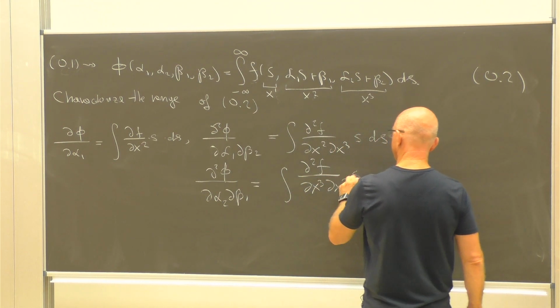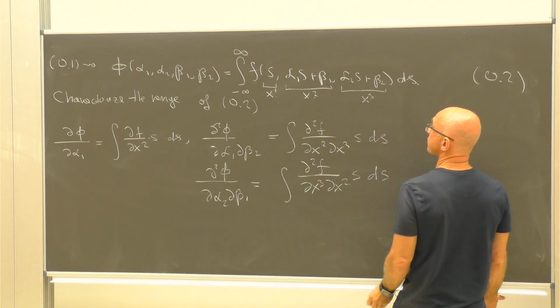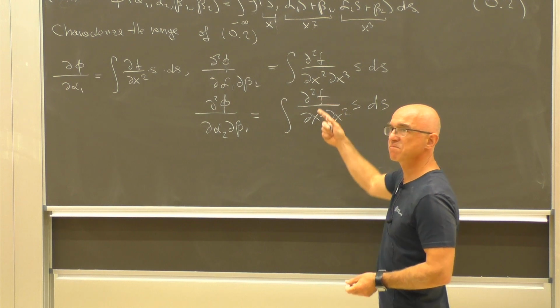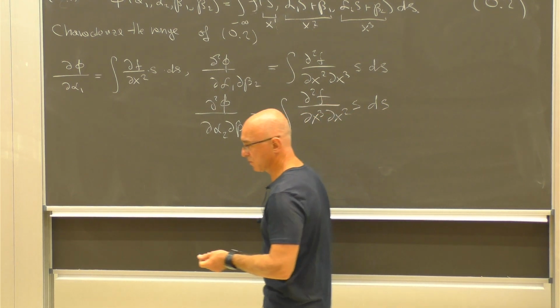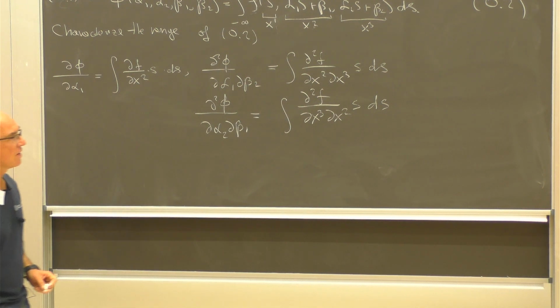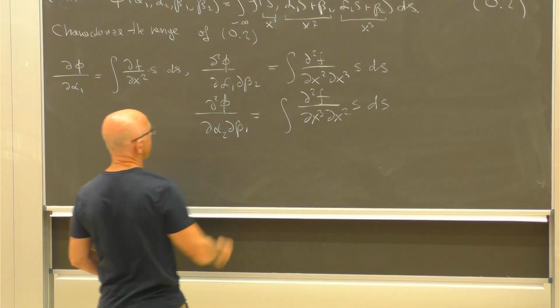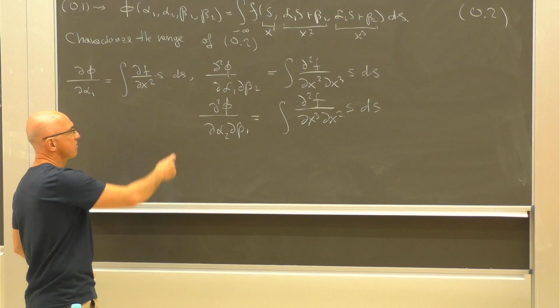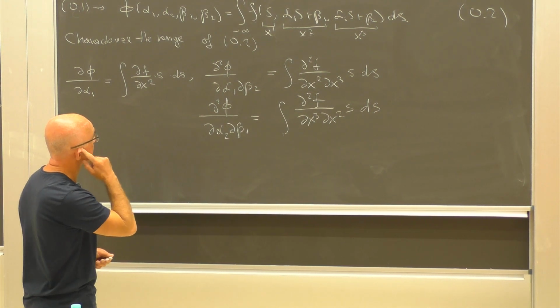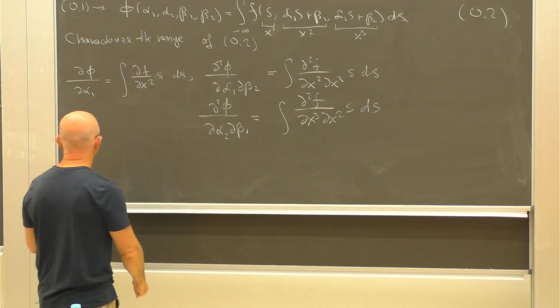Okay, so if the second derivatives of this function are continuous, then these have to be equal. So I discover that phi has to satisfy a differential equation on the space of all lines.